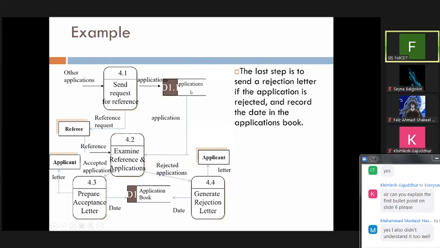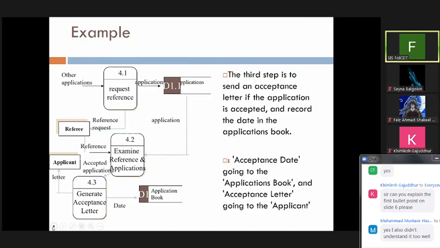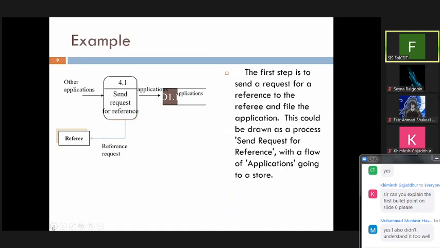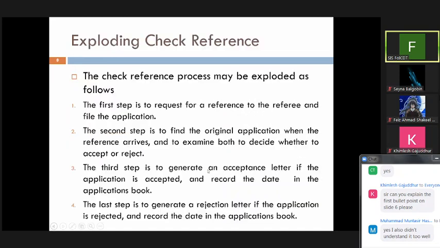Now, while doing case study, I told you that most case studies might be different depending on how your assumptions and so on. Now, someone might say that instead of writing a letter here, I'm writing acceptance letter. Instead of writing letter here, I'm writing rejection letter. Is it going to be a mistake? Because now acceptance letter and rejection letter look like two different outputs not mentioned in that higher level DFD.